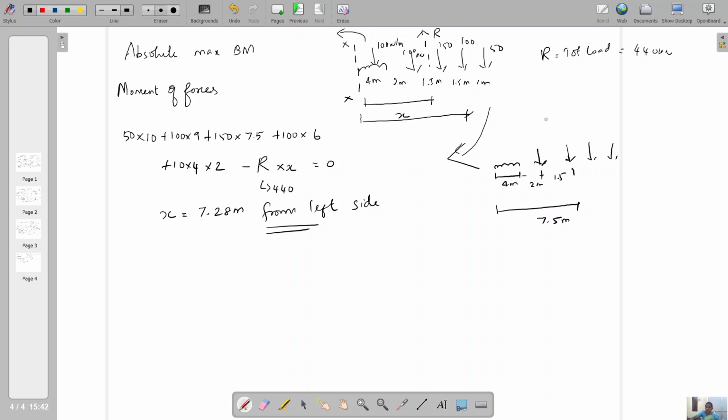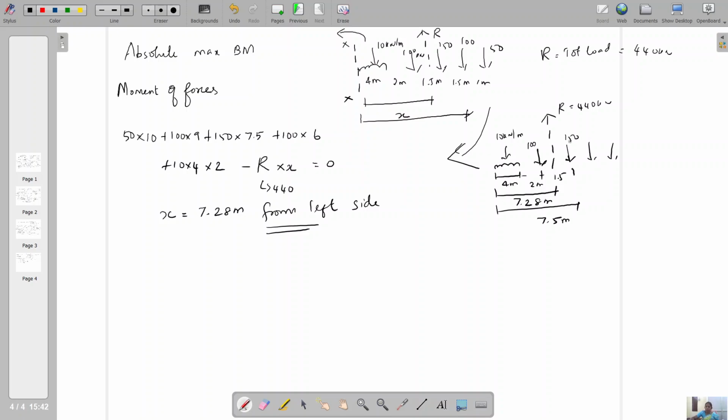So in between these two only, the resultant will be located. So approximately I am drawing, that is 7.2 meter to 8 meter from this. Okay, and this is 10 kilonewton per meter. Here it is 100 and 150.